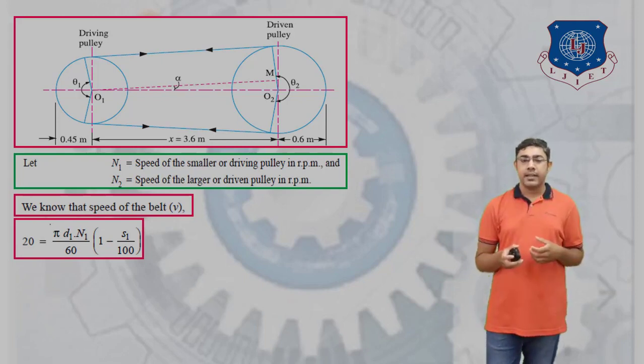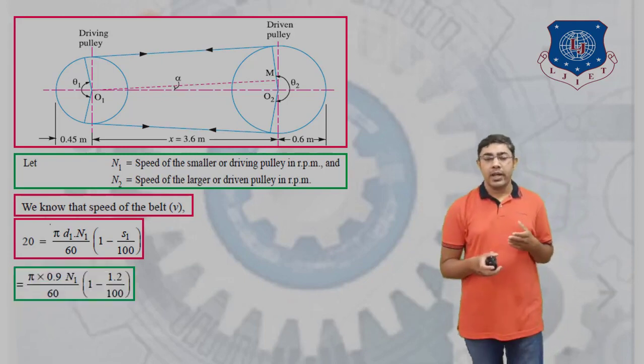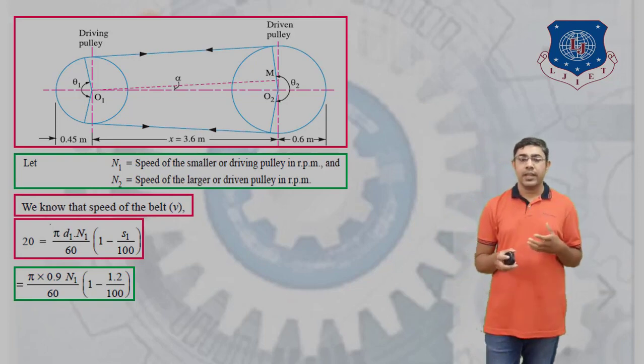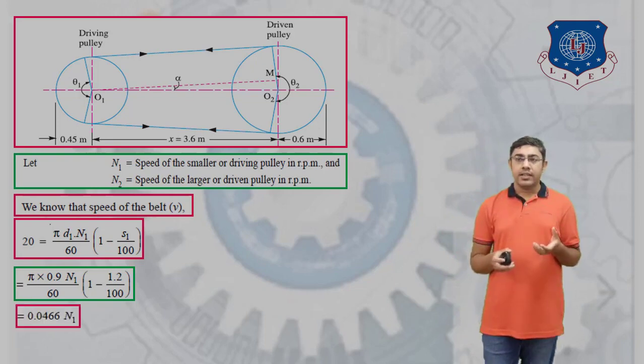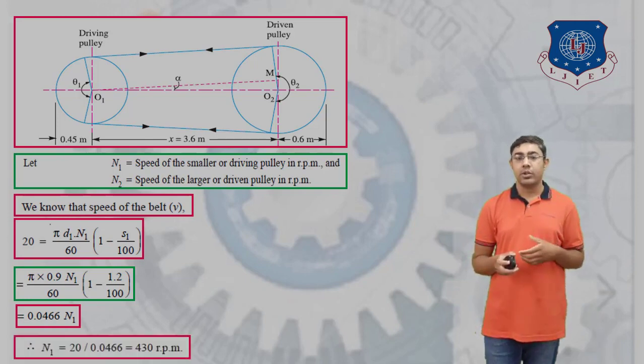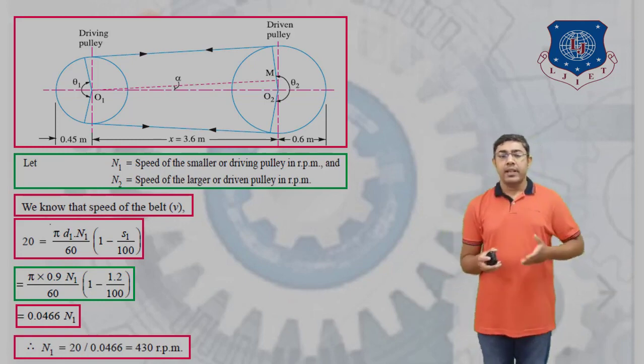Here s1 is the slip on the pulley, given as 1.2, and d1 is 0.9 meters. By placing all these values we get this equation: 20 is equal to 0.0466 n1. If we solve this equation, we get the value of n1, which is equal to 430 revolutions per minute. So now we have the value of n1.